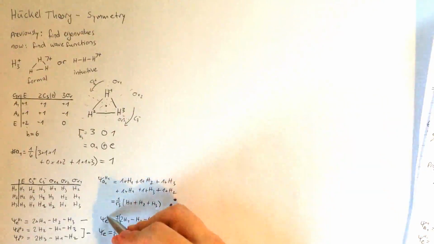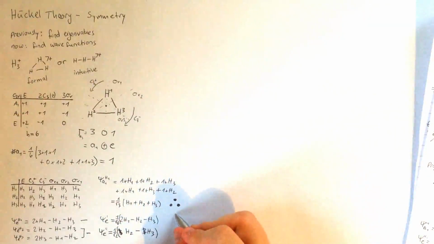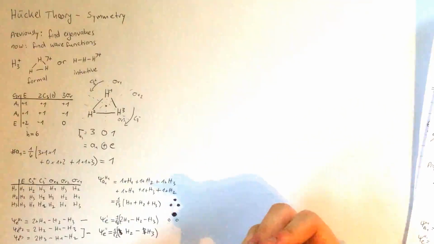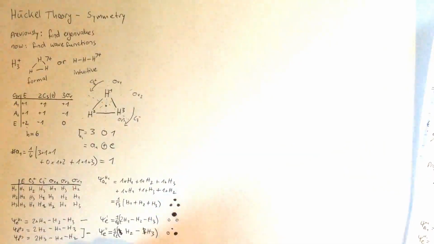The first E wave function looks like this, a large coefficient at the top, and 2 small coefficients at the bottom. And this one looks like this, 2 small coefficients out of phase, and nothing for the third position. This is how our wave functions look.